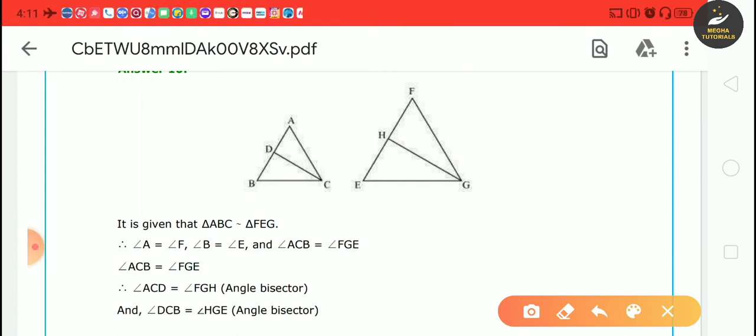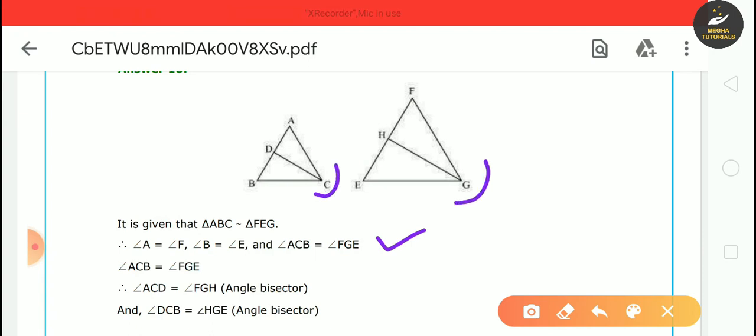Therefore all angles are same. Angle A is equal to angle F, angle B is equal to angle E, and angle ACB is equal to angle FGE. Now angle ACB and angle FGE are equal. So if I consider angle bisector, that is CD and GH, then I will get half of ACB and half of FGE.